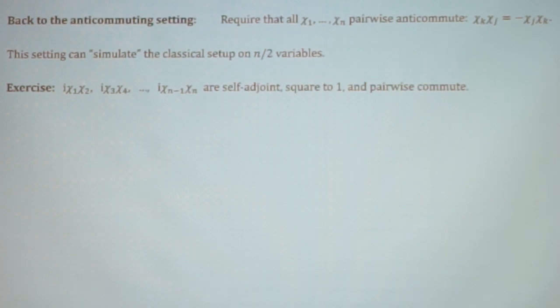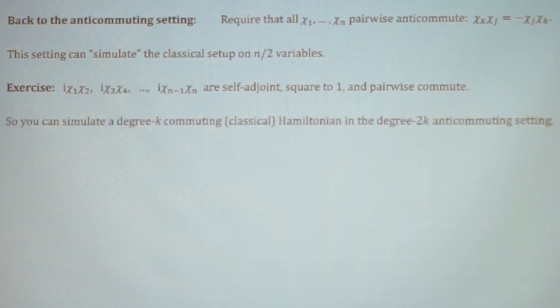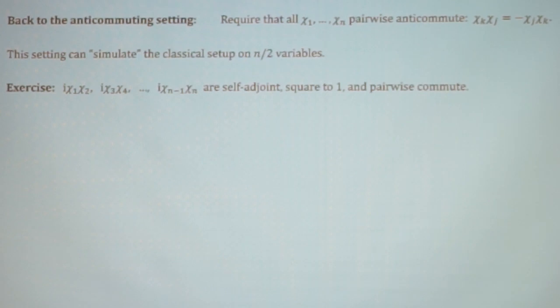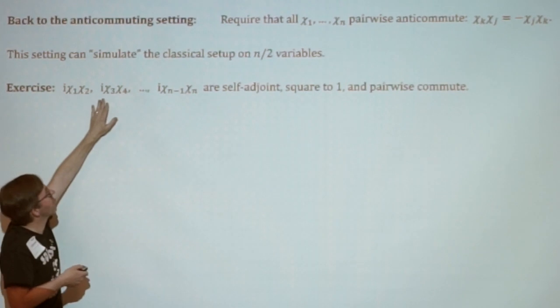They have the right algebraic properties. They pairwise commute. So you can use these little symbols to set up a classical problem. So if you're interested in the classical problem of optimizing a sum of c_i times one variable, you just do the sum of c_i times this plus this plus this.